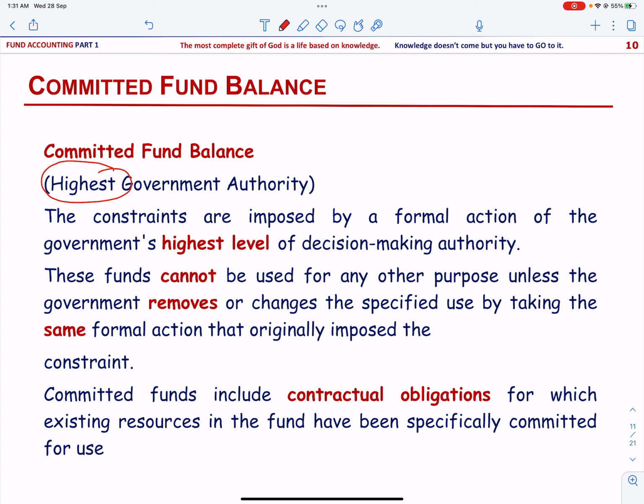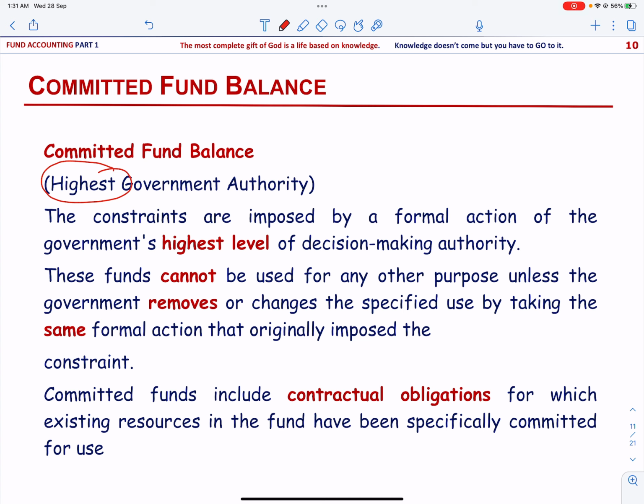Committed funds include contractual obligations for which existing resources in the fund have been specifically committed for use. Note that in contrast to fund balance that is restricted by enabling legislation, amounts in the committed fund balances can be redeployed for other purposes with appropriate due process.